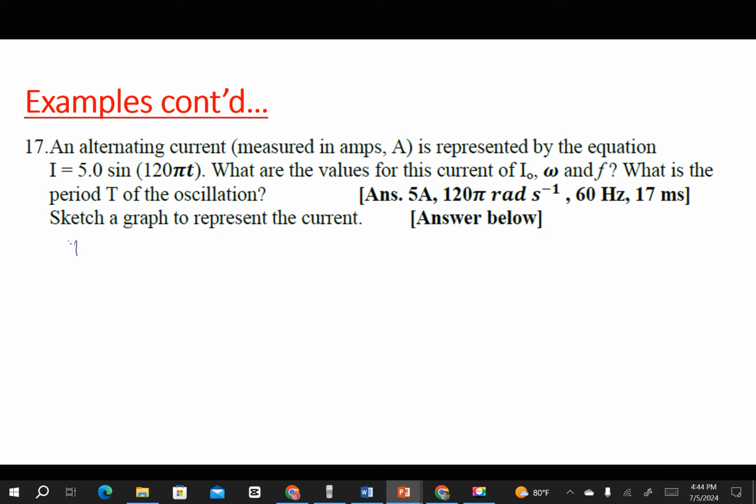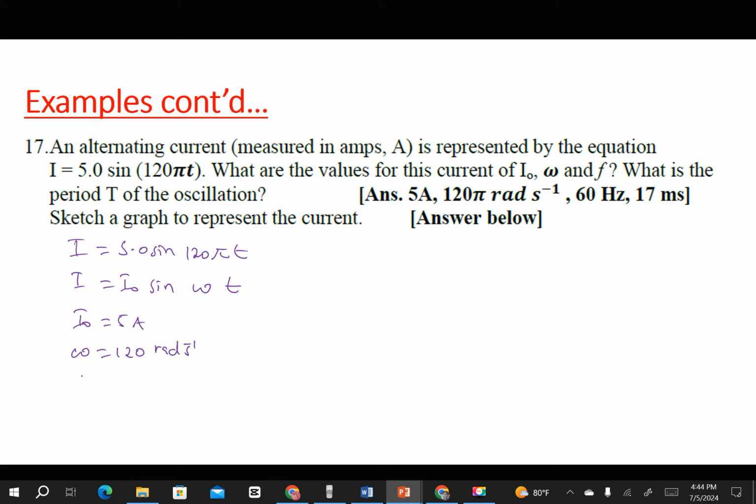So we just compare I equals 5.0 sine 120 pi t with the general equation I equals I naught sine omega times t. So it means I naught is going to be 5 amperes. Omega is going to be 120 pi radians per second.